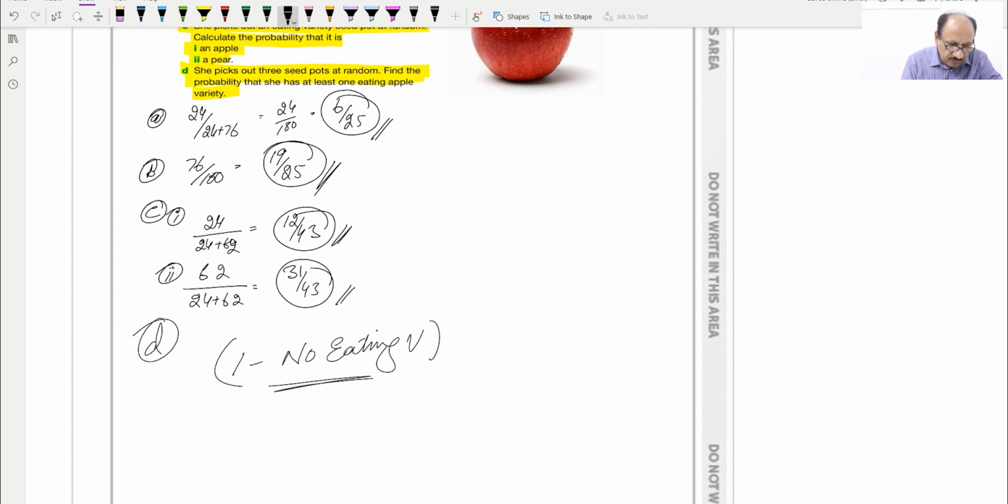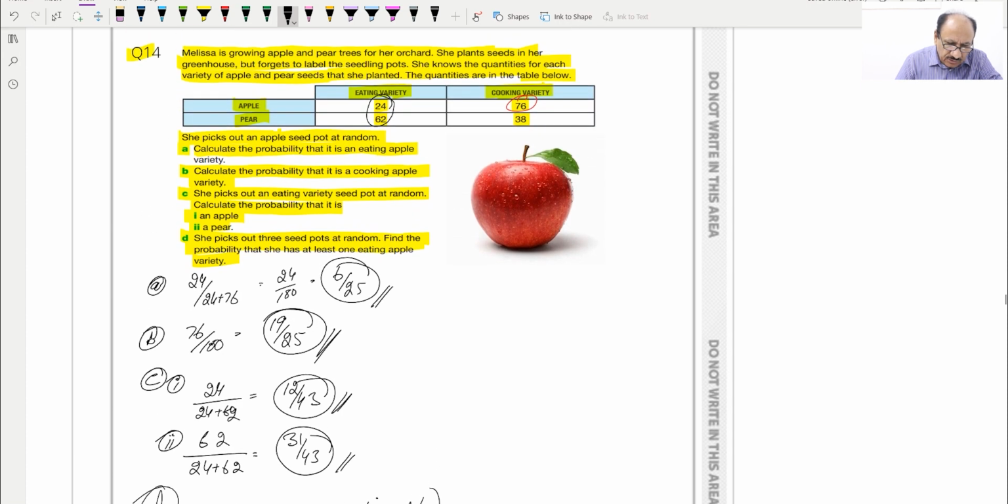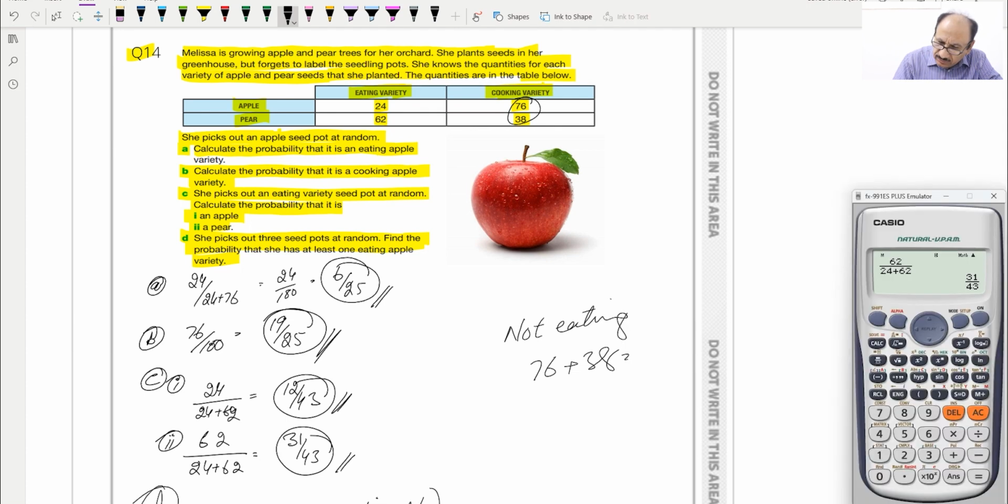So no eating will be what? We can write 1 minus no eating, and if we total not eating, not eating is this one, which is 76 plus 38, and 76 plus 38 is equal to 114.